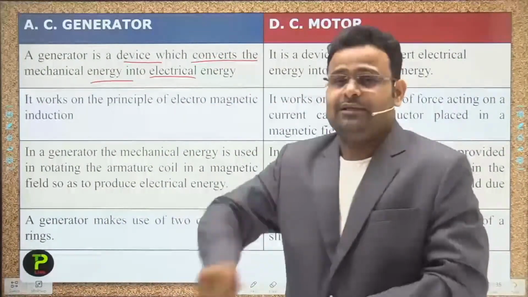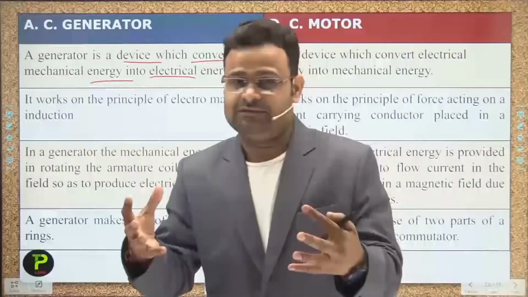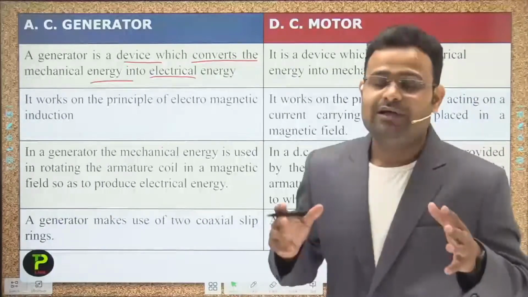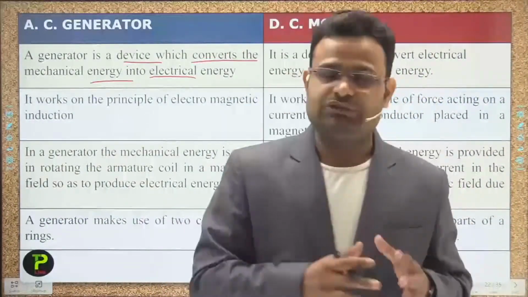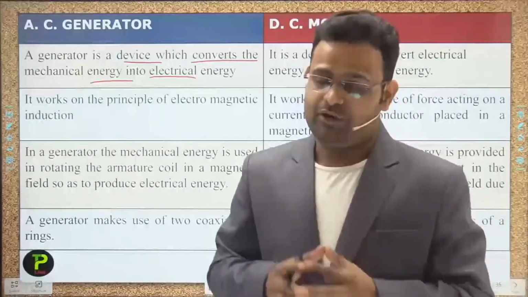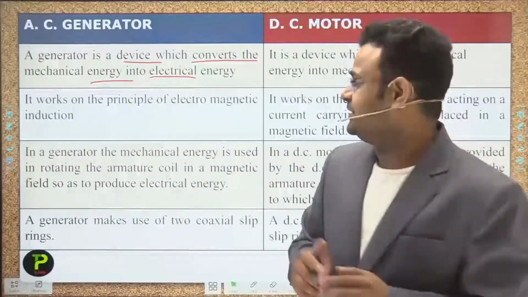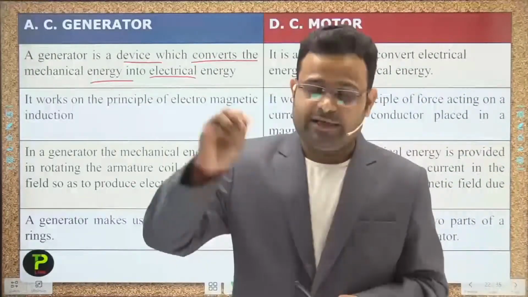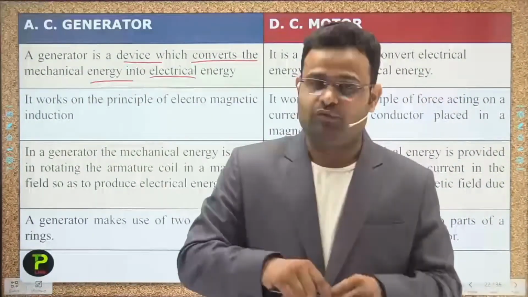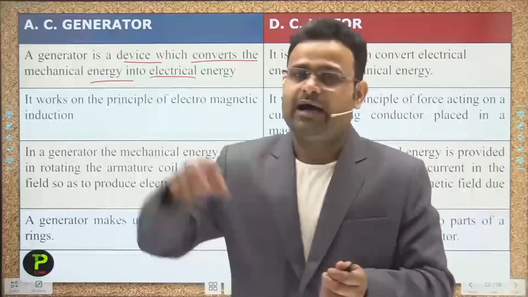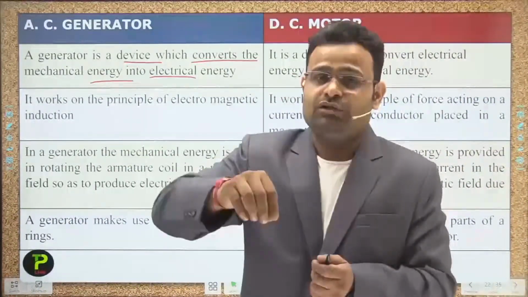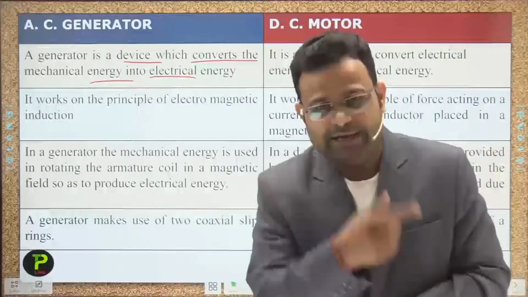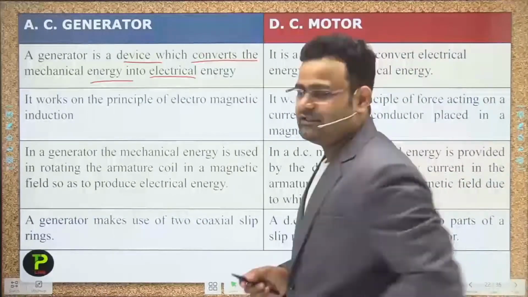We provide mechanical energy and it gives electrical energy. In powerhouses, the mechanical energy is provided by a hydropower plant. Water is first converted into steam, and that high pressure steam acts on the blades of the turbine, and when the turbine rotates, electricity is generated.